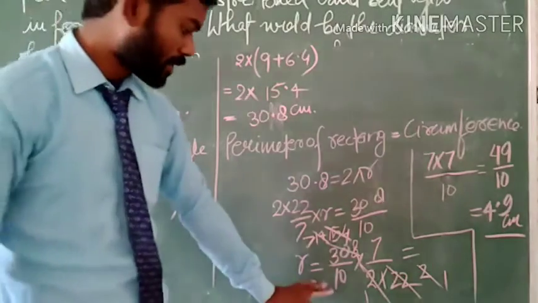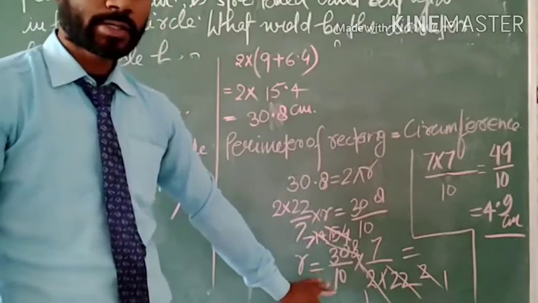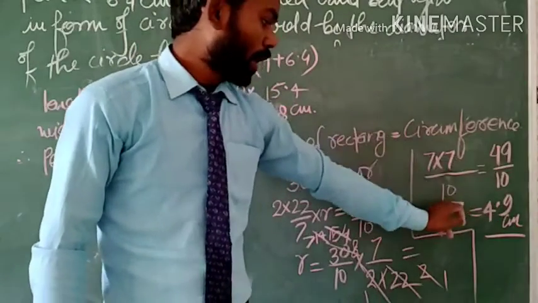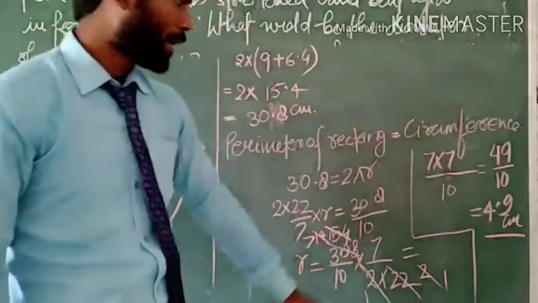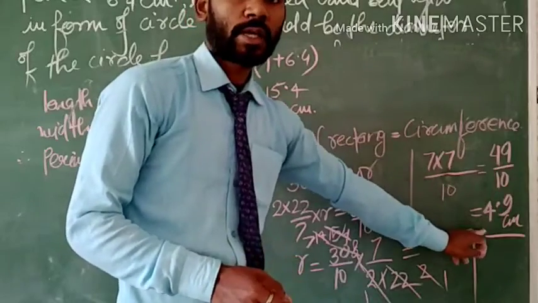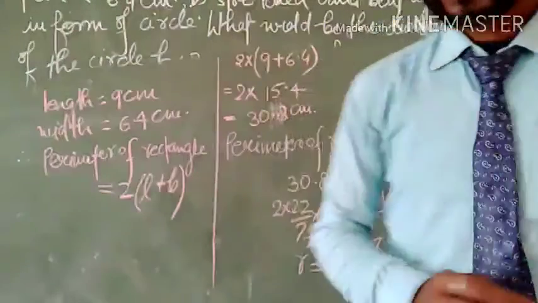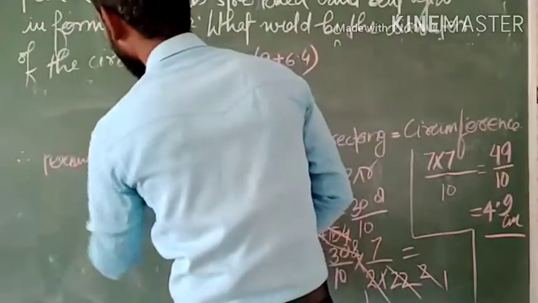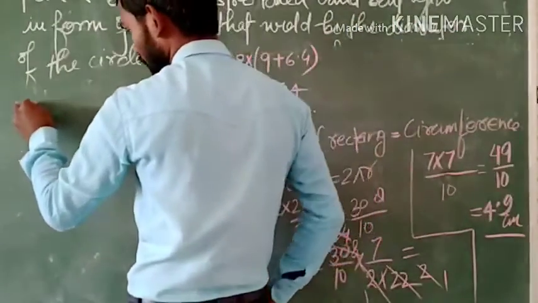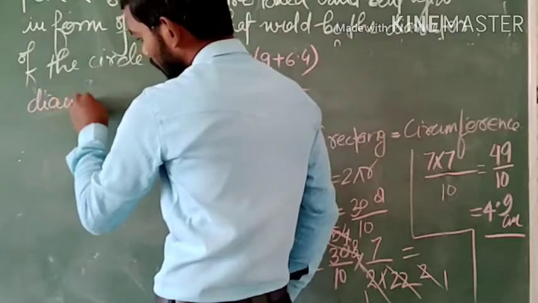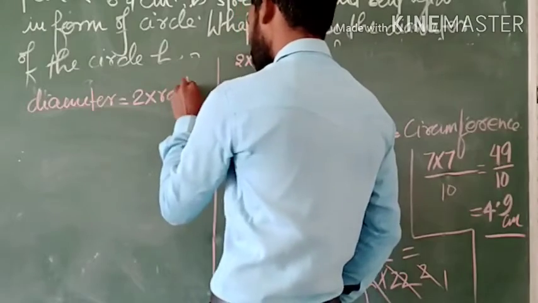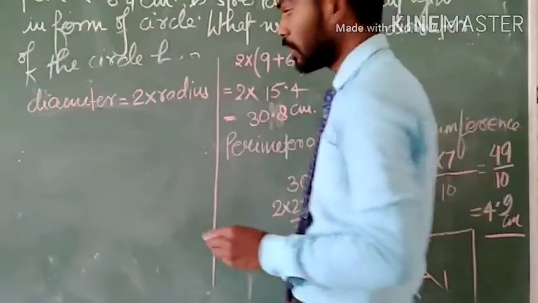So here, as you can see, when we solve it, we get 7 7s are 49 upon 10, and since the denominator is 10, we can change it to 4.9. This represents the radius of circle, and diameter is equal to twice of radius.